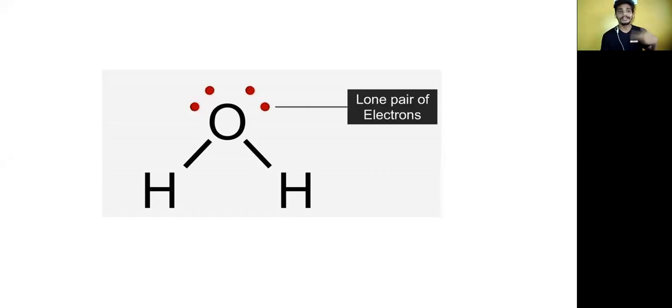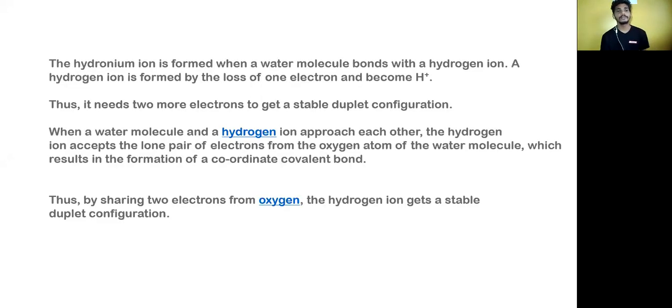So what is that? The hydronium ion is formed when a water molecule bonds with a hydrogen ion. A hydrogen ion is formed by the loss of one electron and becomes H+. Thus, it needs two more electrons to get a stable duplet configuration.